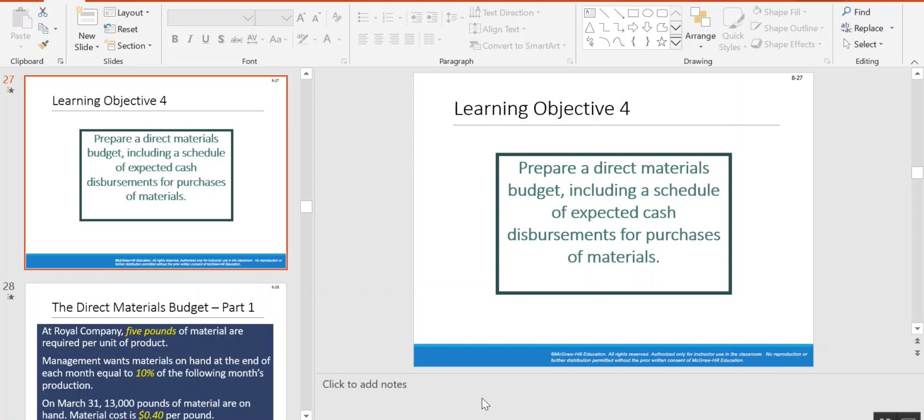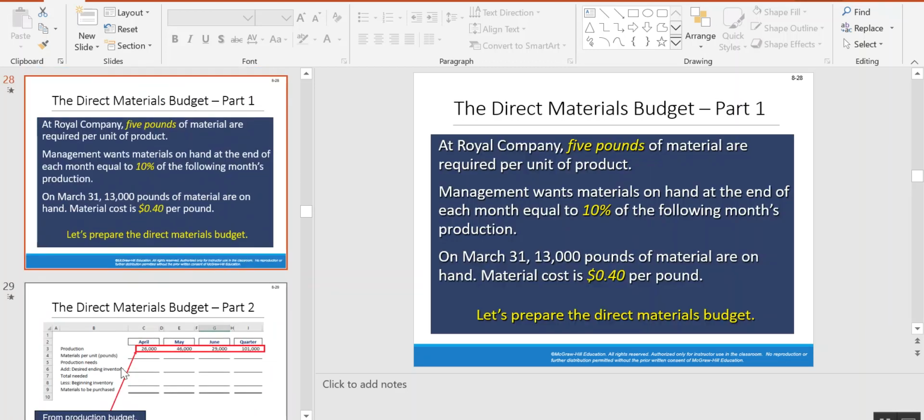Right now, I want to talk about direct materials budget. And what we're doing now builds on the production budget. So we start with production and we go on to raw materials or direct materials. In this case, we're looking at an example of a direct materials budget where at this company, 5 pounds of material are required for 1 unit of product.